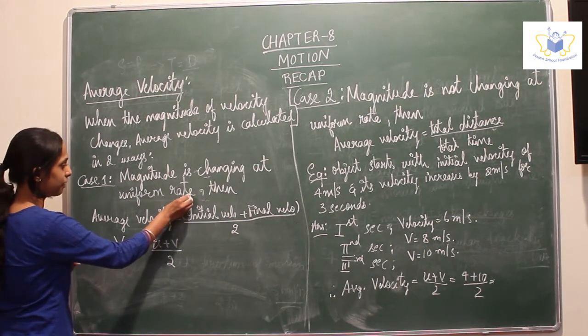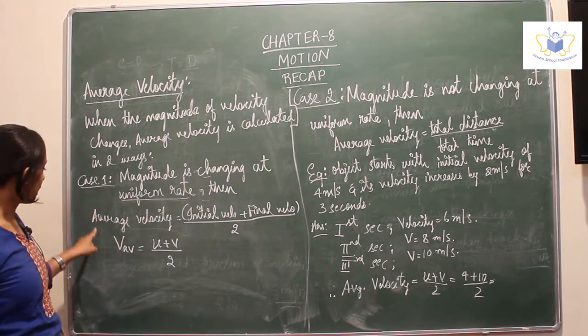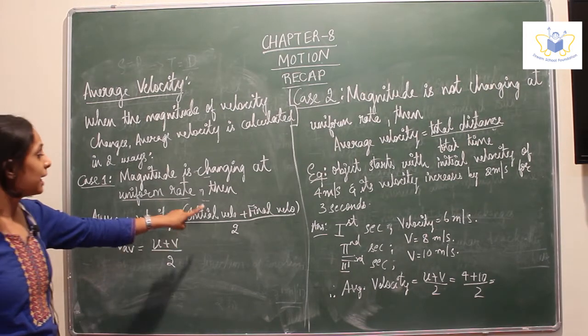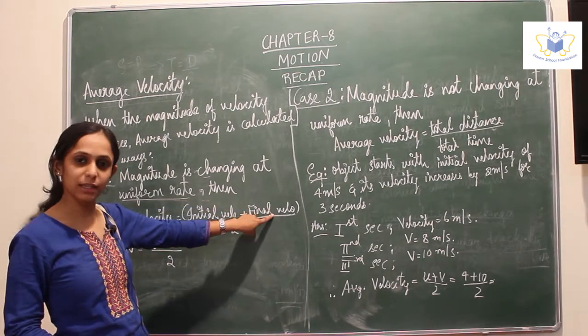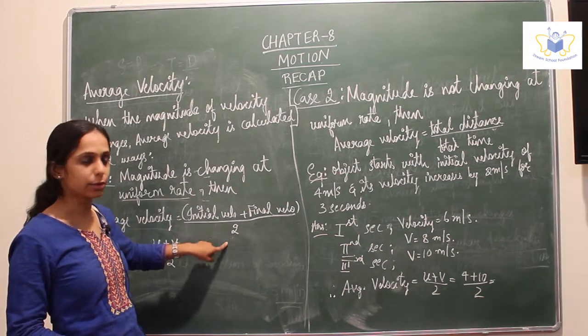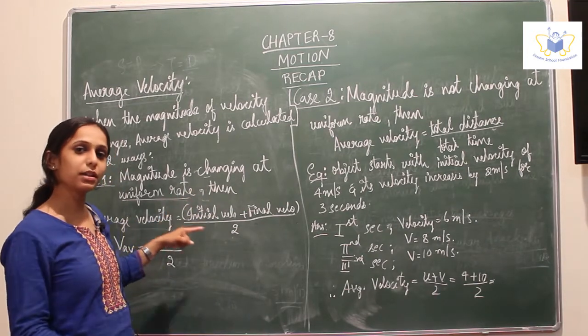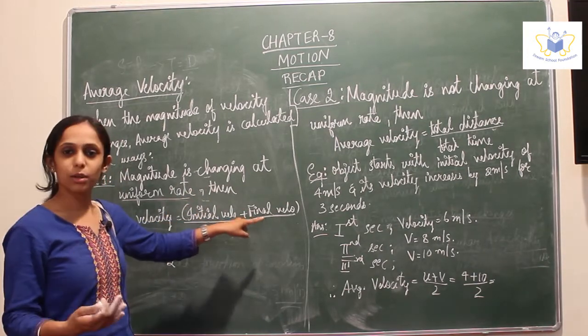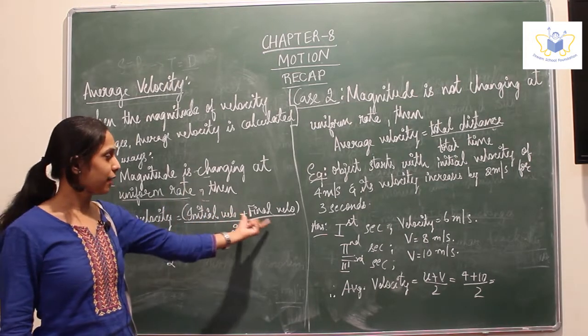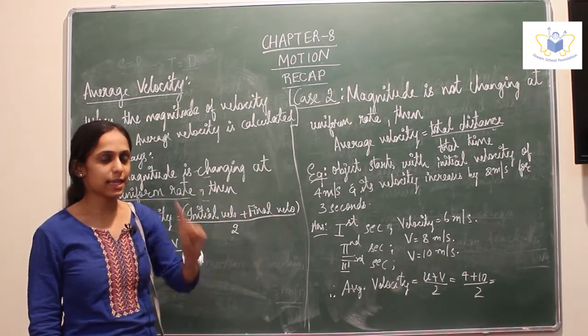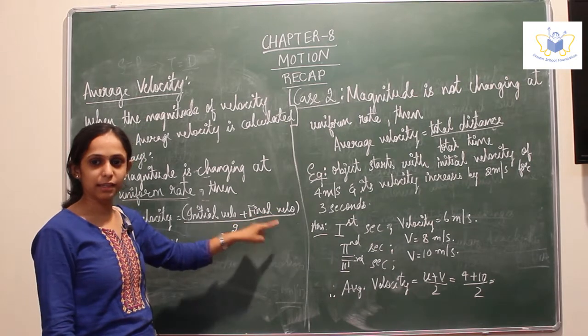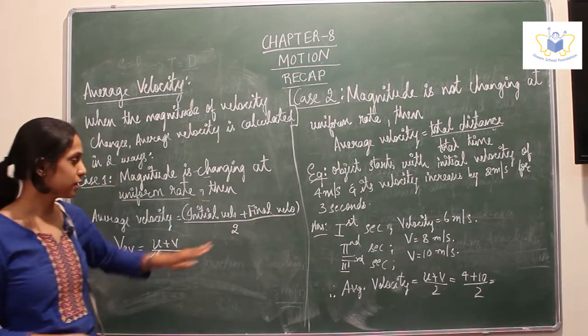When it is changing at a uniform rate, your average velocity formula is initial velocity plus final velocity, whole divided by 2. Initial means the rate at which the body is starting. Final velocity is the velocity of the body when it reaches its destination. So add initial and final velocity and divide it by 2. So this is your formula.